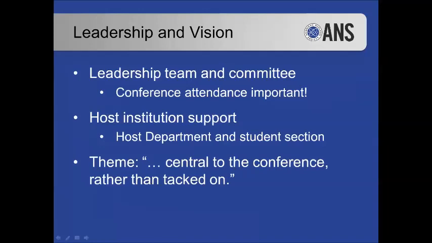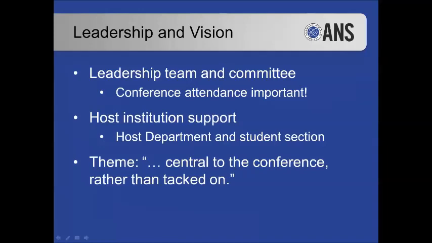This can range from them just being verbally supportive and encouraging of you, to harder support, such as financial support from the different levels of the university, to staff support, or letting professors have time to participate in this, and letting their students take time from classes to participate. So it's important to begin conversations very early with your department, your department chair, and some of the different professors, to get an idea of how they could be of assistance to you.